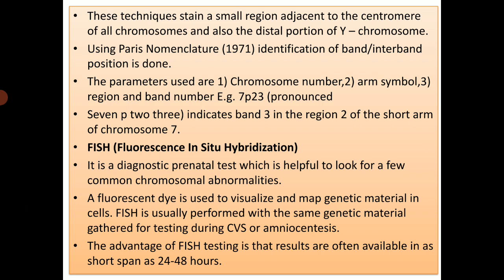Third, region and band number, that is the 7p23, pronounced 7 p 2 3, indicates the band 3 in the region 2 of the short arm of chromosome 7. P is the short arm. Okay, so like that you can easily go for the numbering of chromosomes or banding of chromosomes.